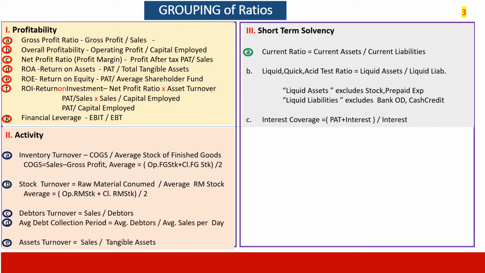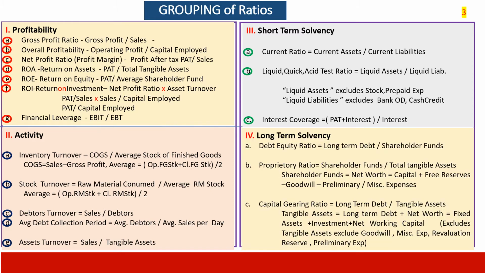Then we have got short-term solvency, current assets versus current liabilities, liquid assets, quick assets, or acid test. It's the same thing. And interest coverage, how comfortable the company is to meet its interest obligations in respect of current debts. And long-term solvency, talking of fund from long-term funds and equity.